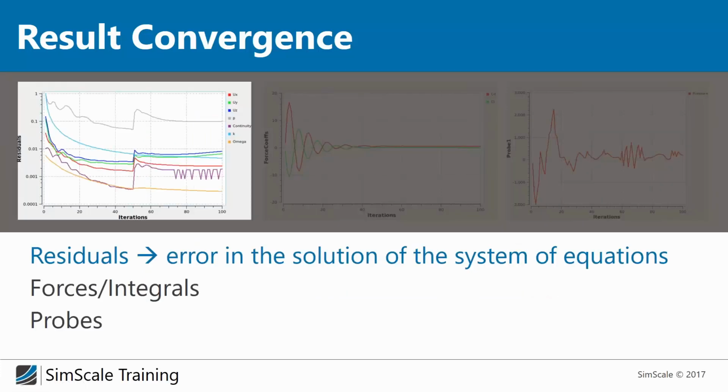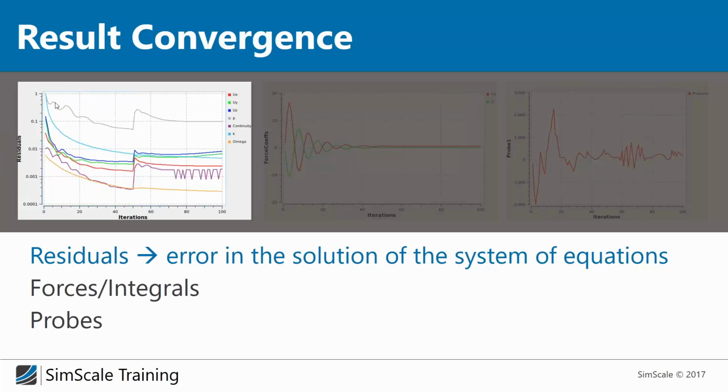So let's talk about the 3 dimensions of convergence. The very first dimension is what we call residuals. I think I showed you this plot several times. You can also see it on the platform. Here we are just plotting the error in the solution of our system of equations.